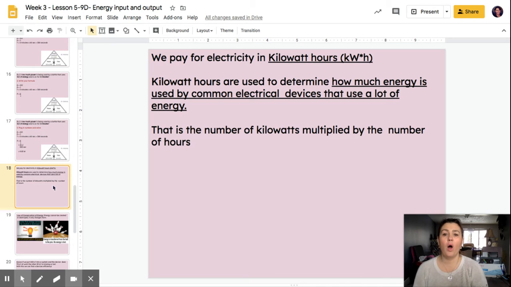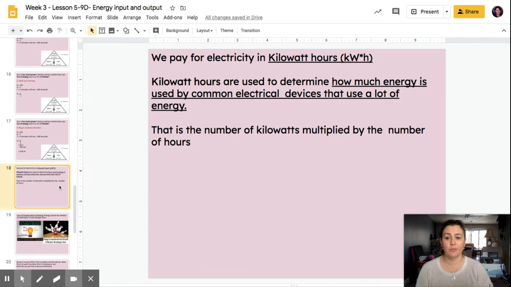So instead of watts, we talk about 1,000 watts, kilowatts, and instead of seconds, we talk about hours. Kilowatt hours are used to determine how much energy is used by common electrical devices that use a lot of energy. So the number of kilowatt hours is how we are going to be calculating energy as well.